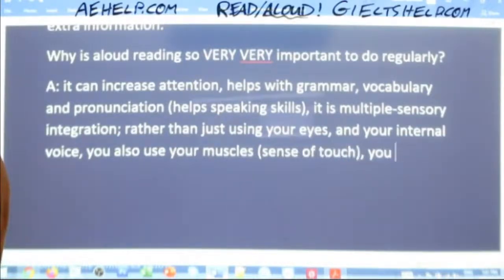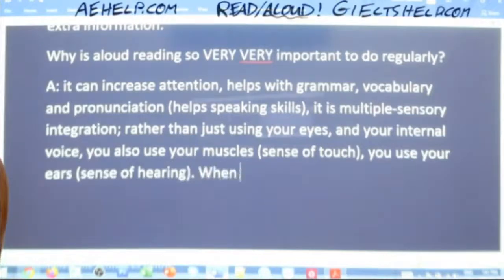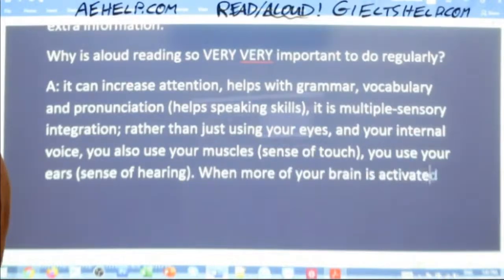You use your ears, your hearing, right? When more of your brain is activated, it enhances learning and development.